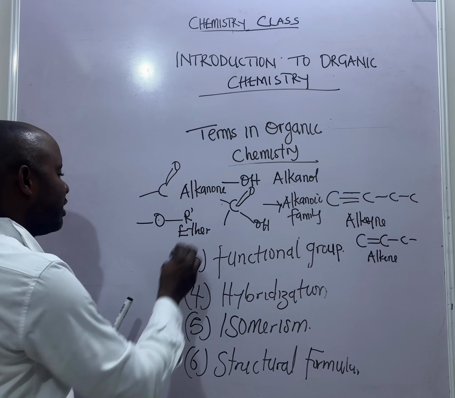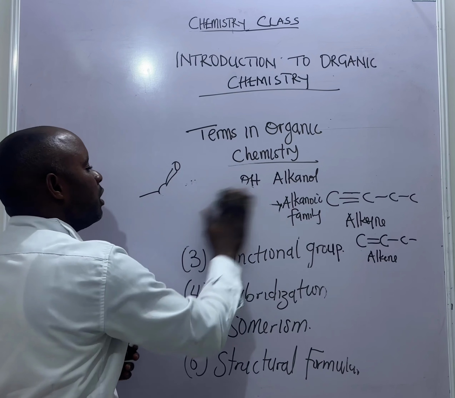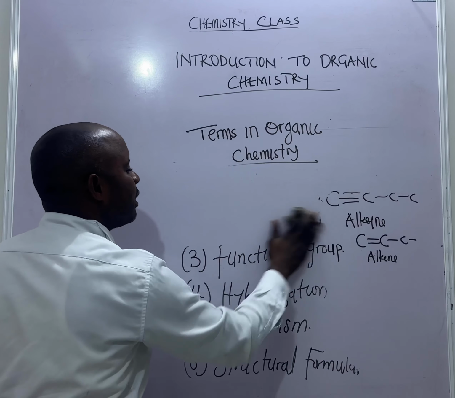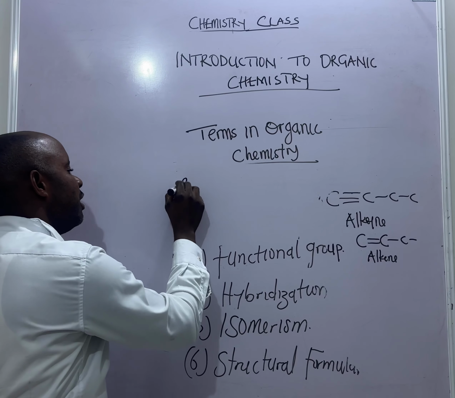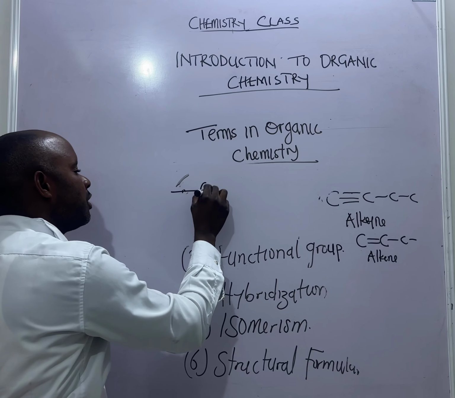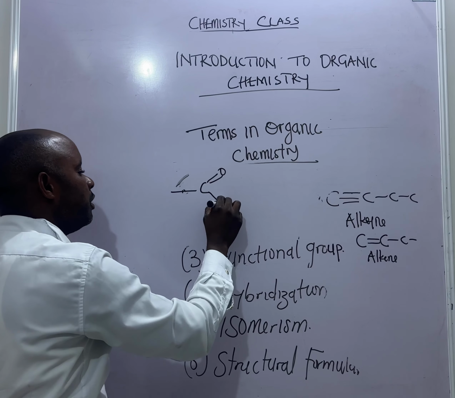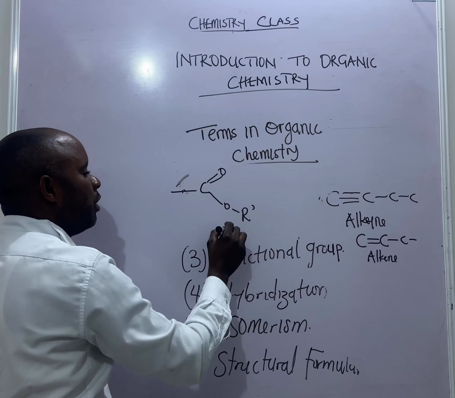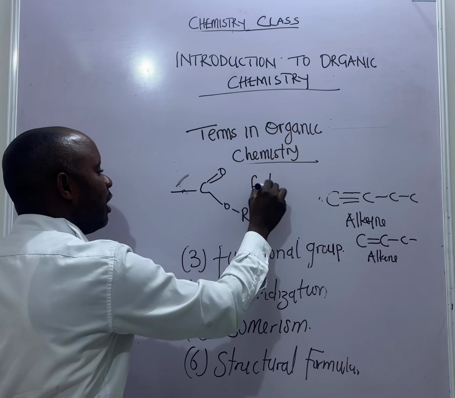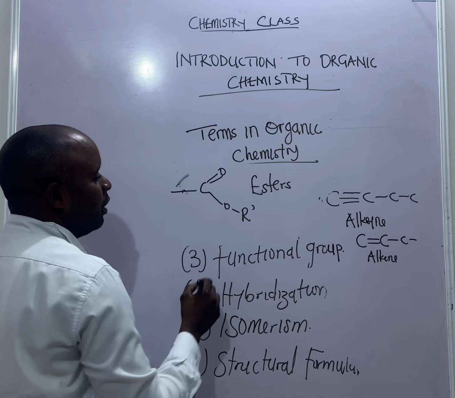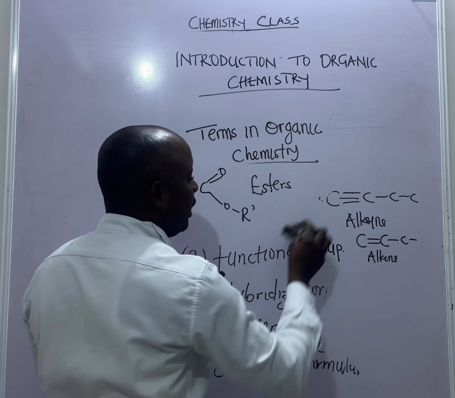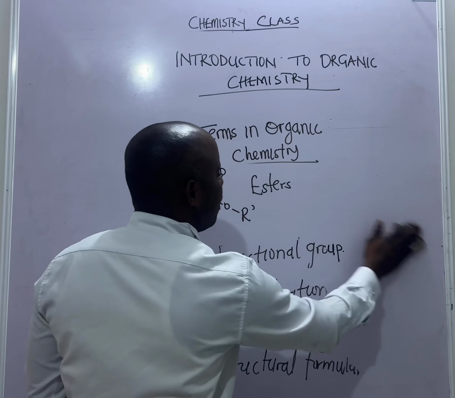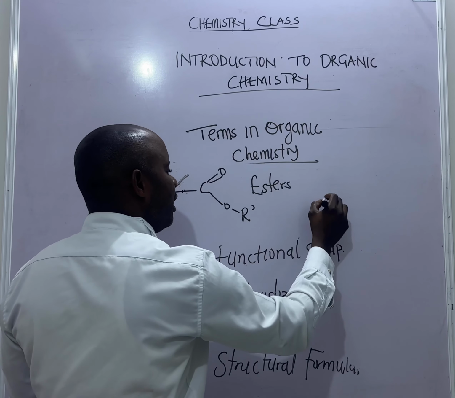So for instance, now let's move on. We have so many of them. Let's say we have CO, we say this is what? Esters. So we have the imine.